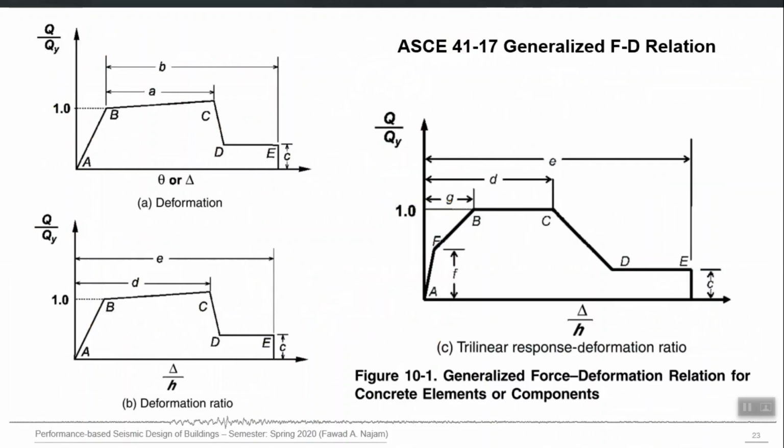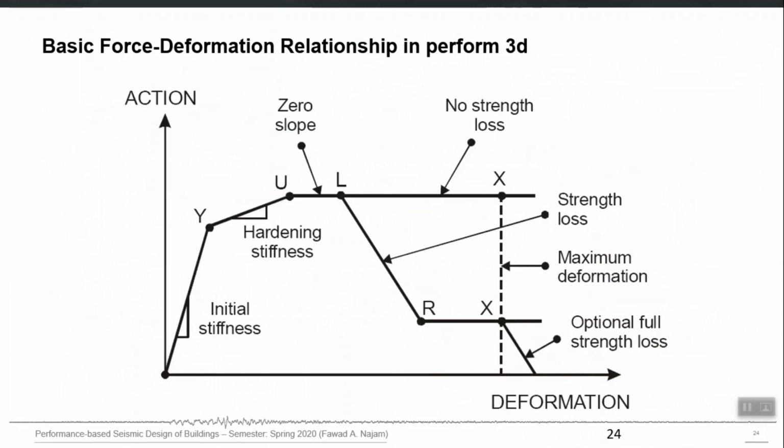So, then there is some customizability also. You can modify this backbone curve using some parameters to account for a trilinear kind of behavior also. This is the default action versus deformation curve which is available in Perform 3D, and it is more general compared to ASCE 41.